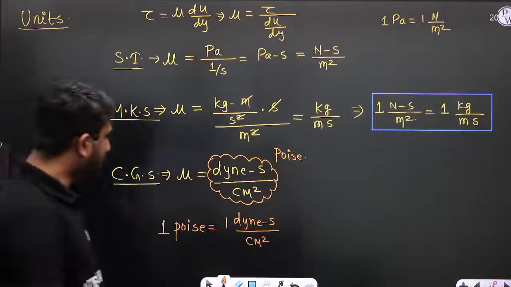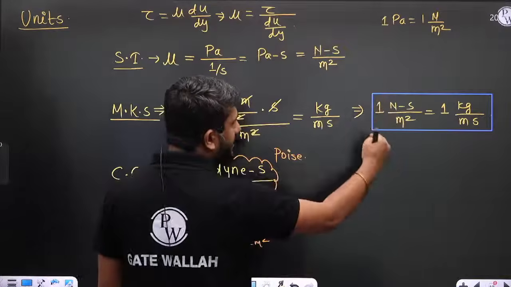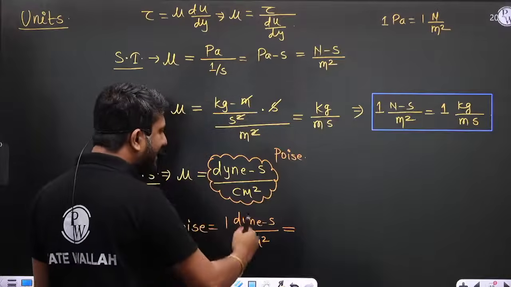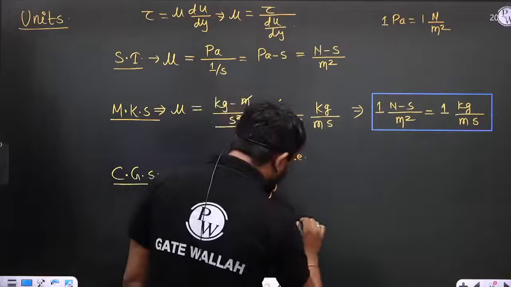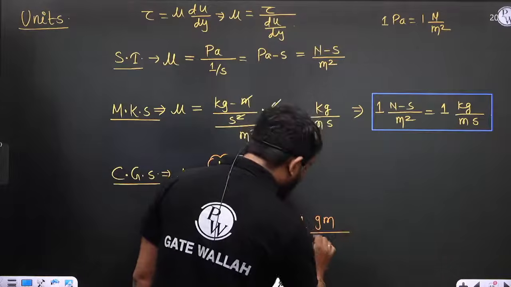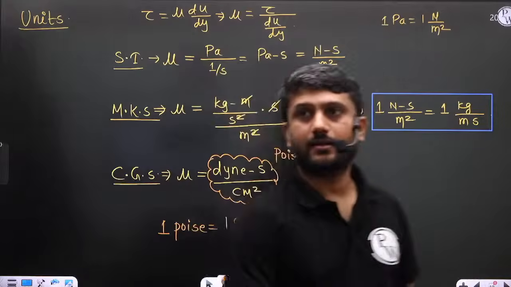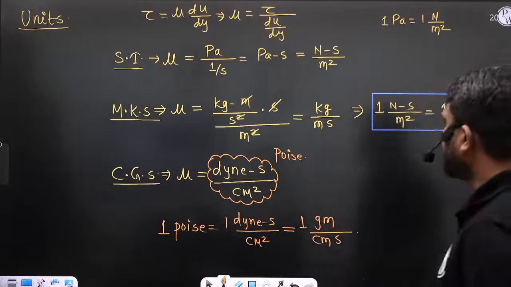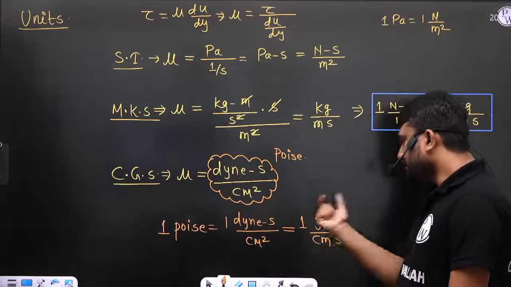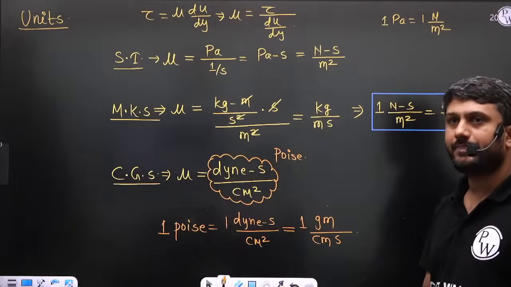This is also equal to, since 1 Newton second per meter square is equal to 1 kg per meter second, 1 dyne second per centimeter square is also equal to 1 gram per centimeter second. So 1 poise is equal to 1 dyne second per centimeter square, and this is also equal to 1 gram per centimeter second. So this is the CGS unit.